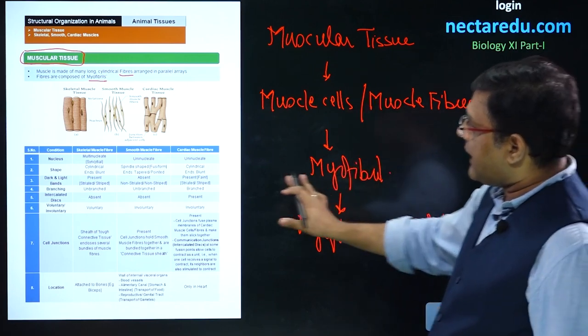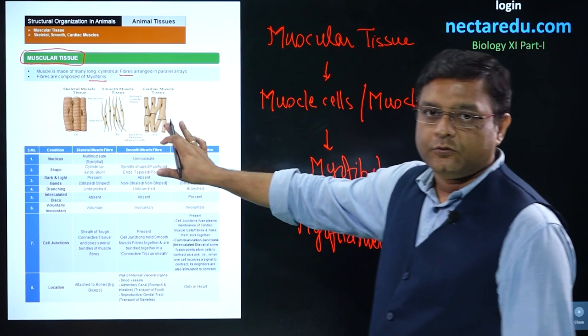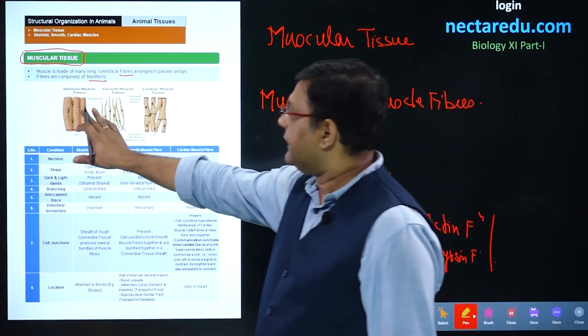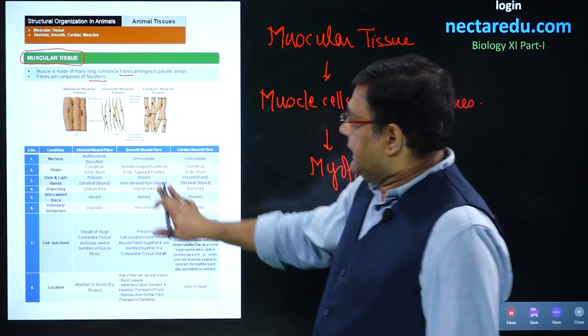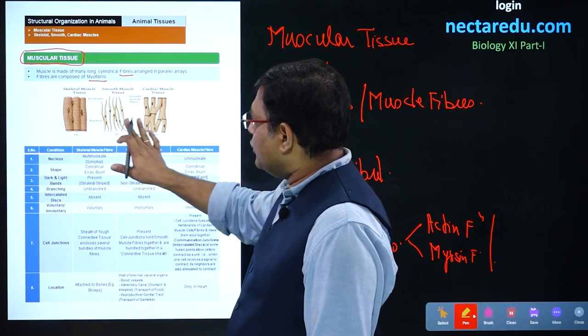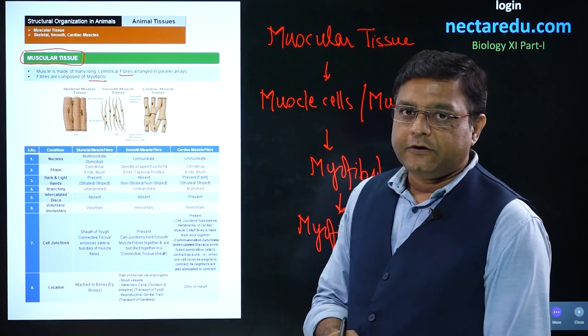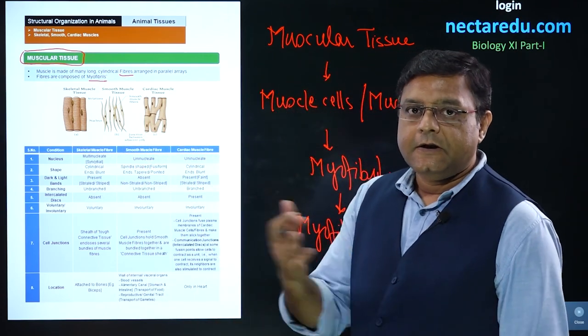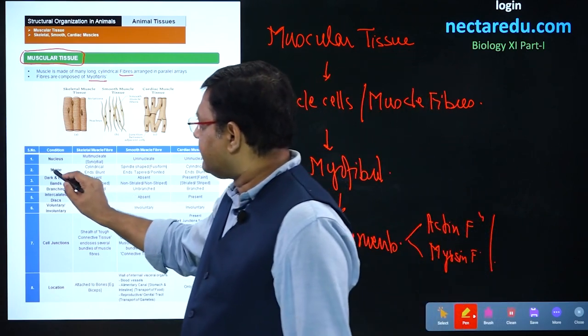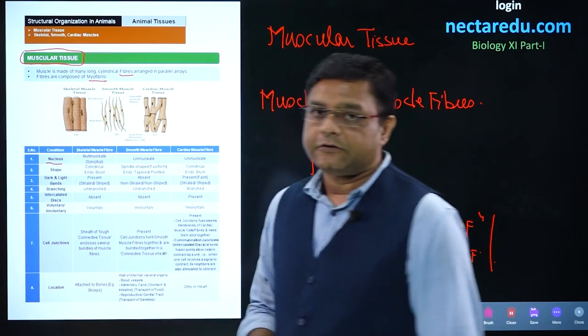Now, if we talk about the types of muscular tissues, we can talk about skeletal, smooth, and cardiac muscular tissue. If we look into the structures present here, we can find certain important differences. The first difference is the nucleus.